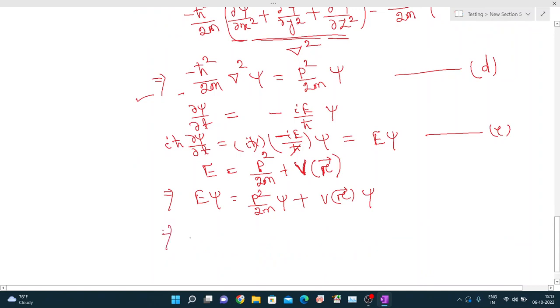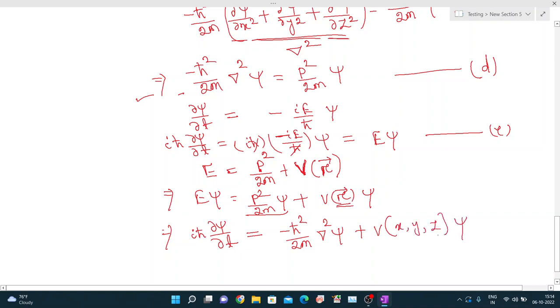So this is i h cross del psi over del t is equal to, from equation E, then p square by 2m into psi, from equation D we can write minus h cross square by 2m del square psi plus v, where r we can write as x, y and z, into psi.